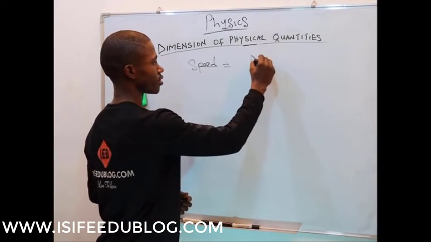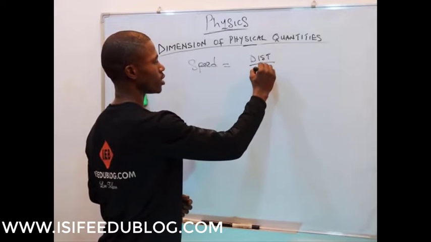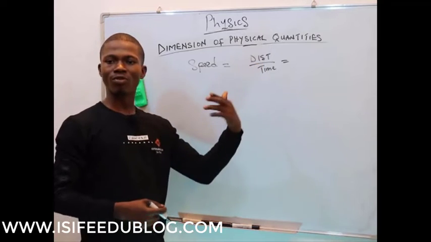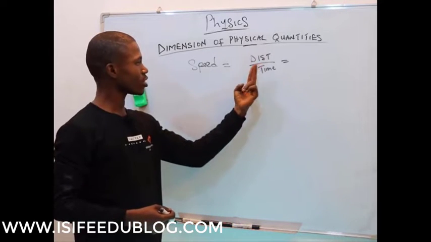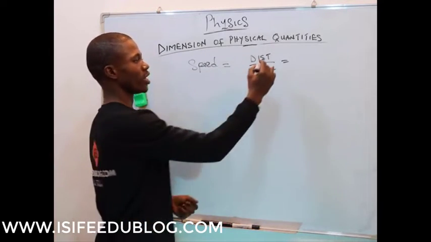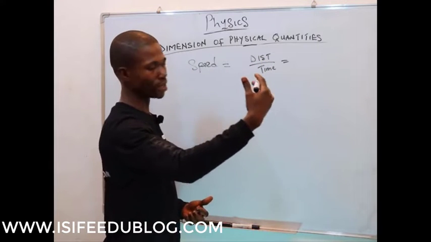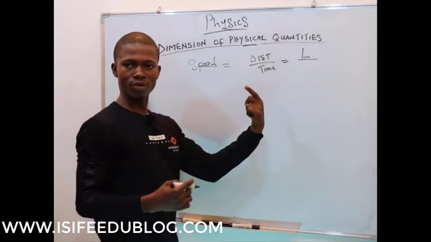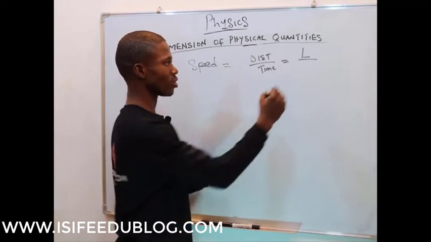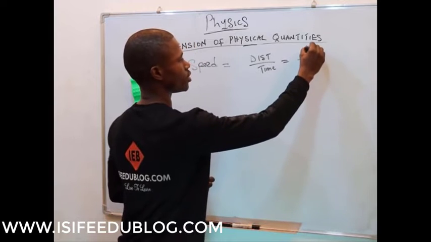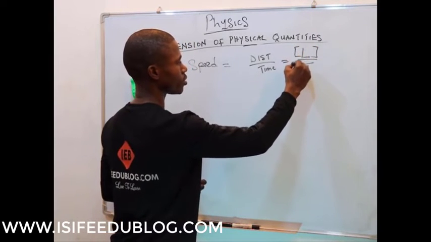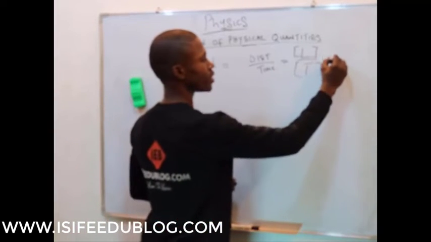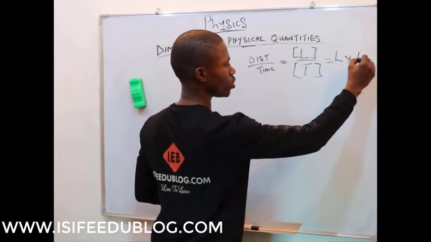Distance is measured in terms of length, and anything measured in terms of length has a dimension of L. Time has a dimension of capital T. So let's enclose our bracket. This equally means length times 1 over T.